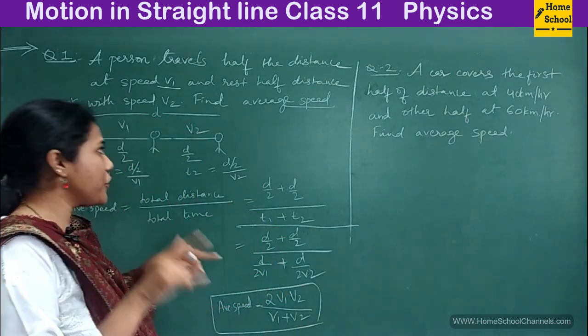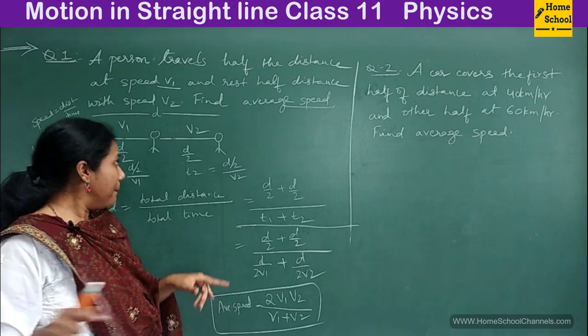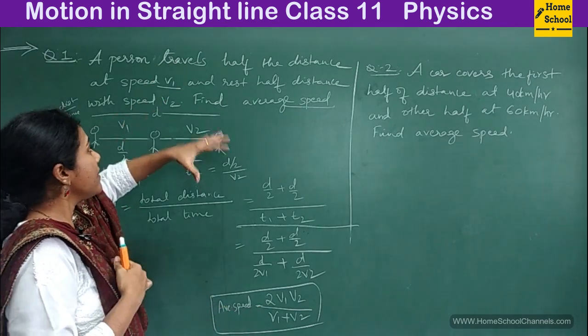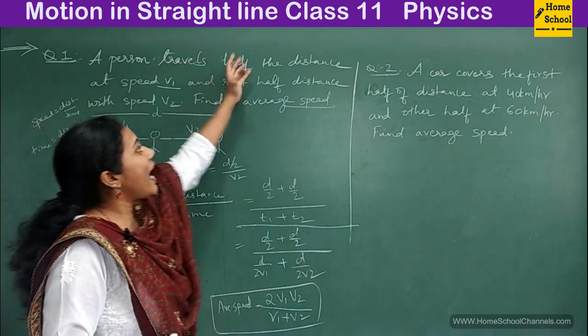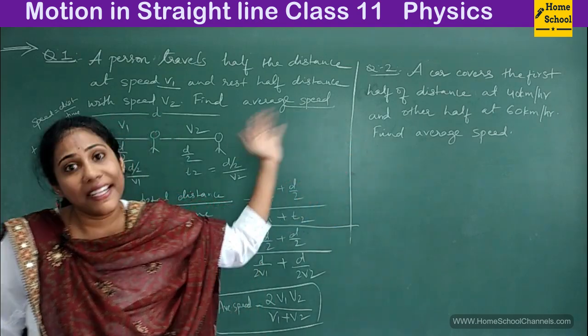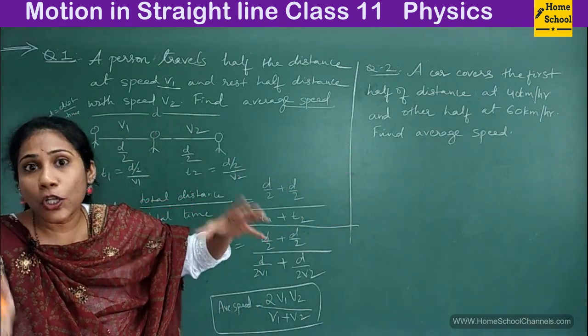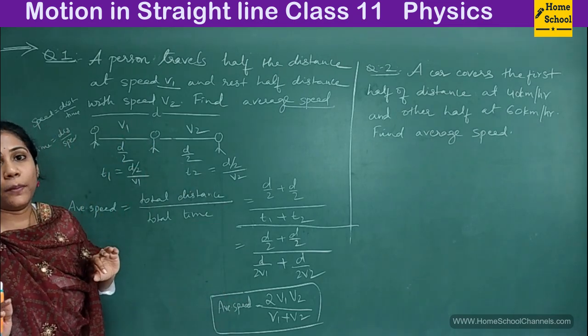I will show you one example where we can apply this formula. Whenever they mention in a question that a person or an object travels half the distance with some speed and the remaining half the distance with another speed, then you can always apply this formula.